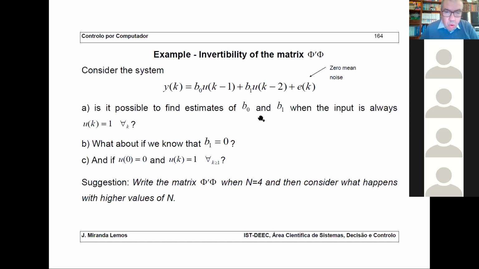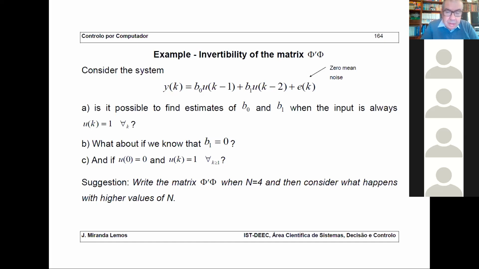So what would you do to estimate b0 and b1, not just their sum? You could do a different experiment. In one experiment, u is constant.